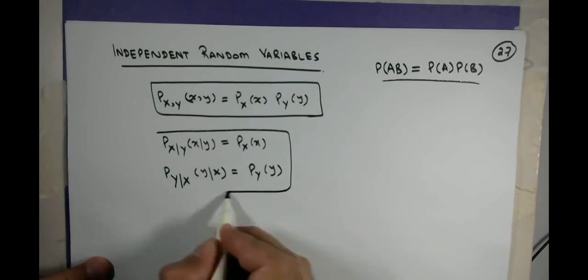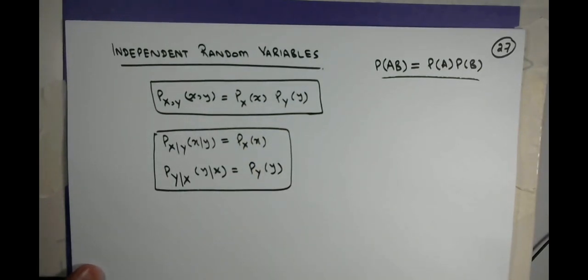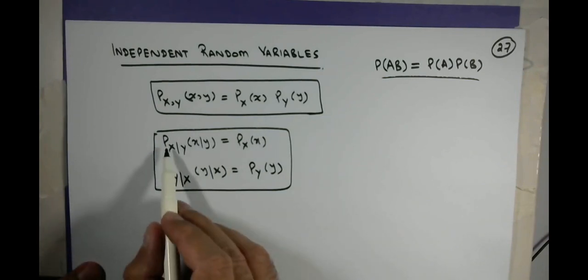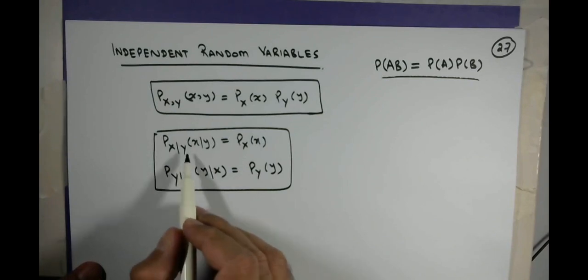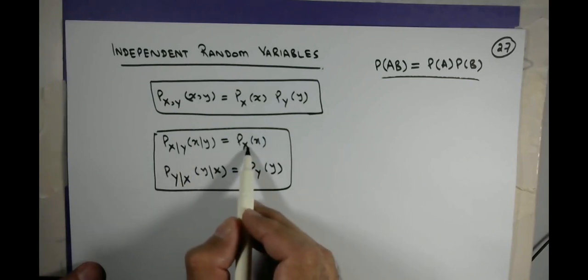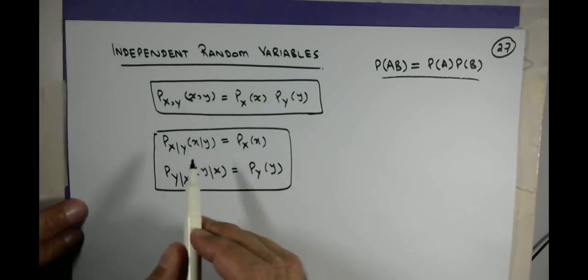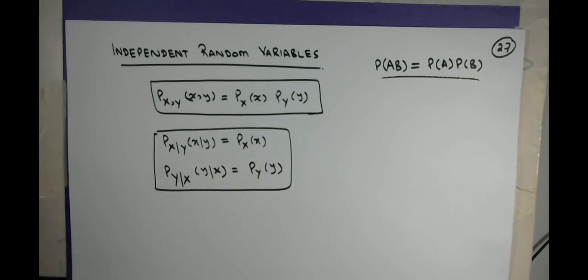So this is another way of establishing the independence of two random variables. This and this mean the same thing. You can always try to prove that at home. This means the probability of occurrence of x given y has occurred does not affect the probability of occurrence of x. So when the unconditional PMF of x is equal to the conditional PMF of x, they are called independent.